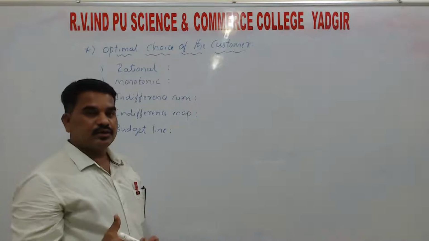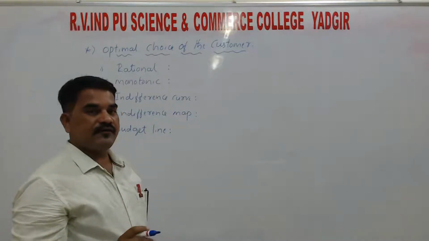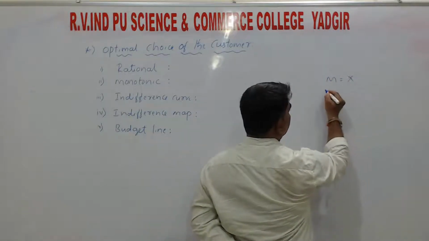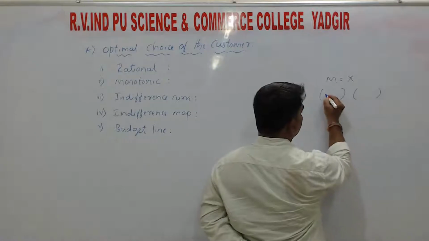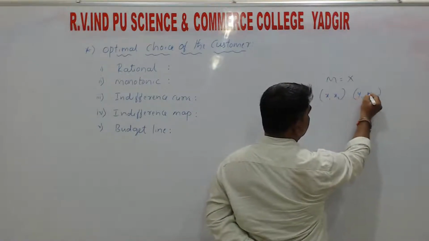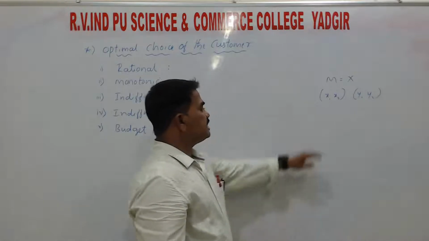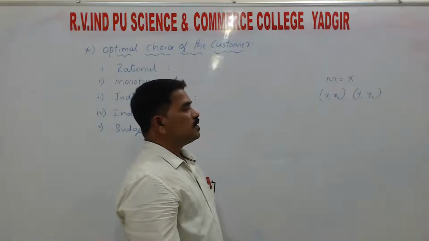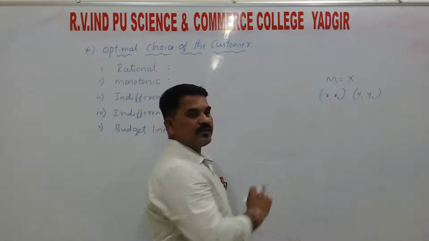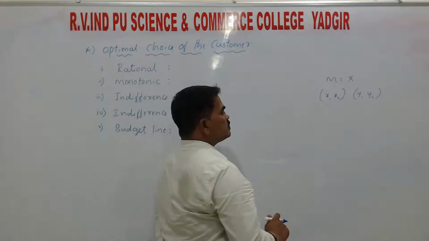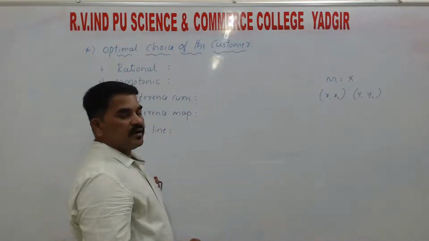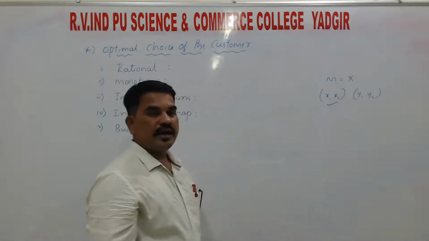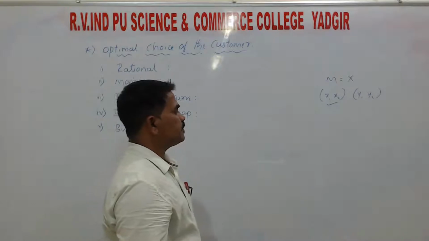When the consumer has a resource, income, and bundles are available, so when his income is X here and the bundles are available in the market, he has to select between the bundles, correct? So a rational consumer means the selection of the bundles depends on his taste and preferences.